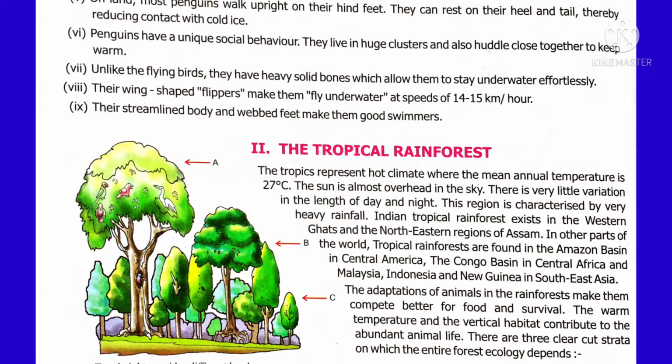So far we discussed polar region animals and birds. Now we are going to discuss tropical rainforest living organisms, that is, some animals and some kinds of birds. What is the meaning of tropic? Tropic means hot climatic region, just opposite to the polar region.